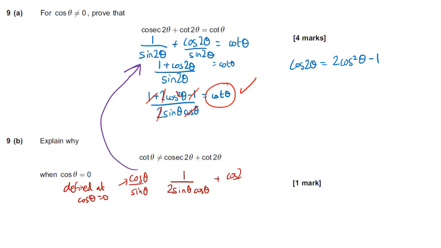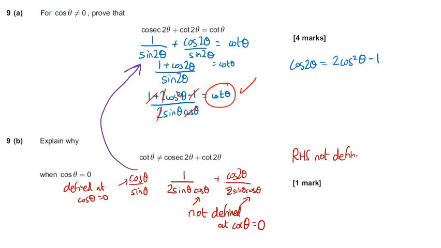The second term also had that on the bottom. And in this case, we'd be dividing by cos theta, dividing by 0. So that's not defined at cos theta equals 0. So the problem is basically that the right hand side is not defined for cos theta equals 0.